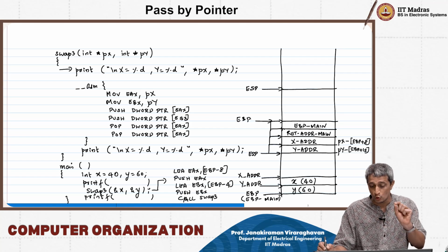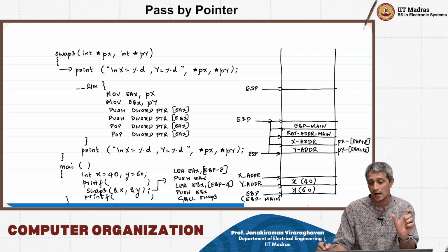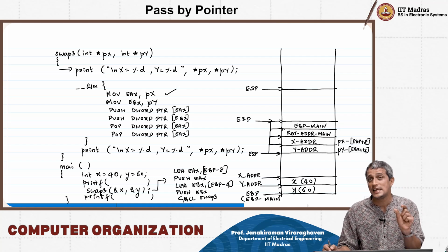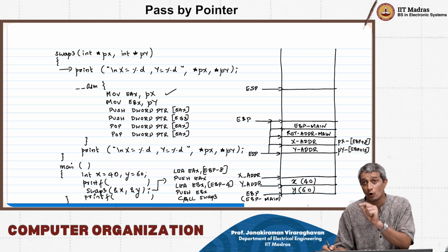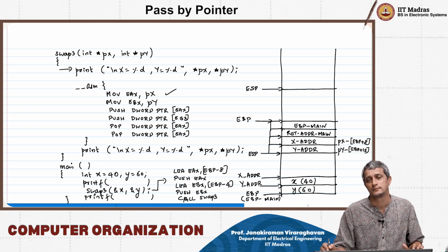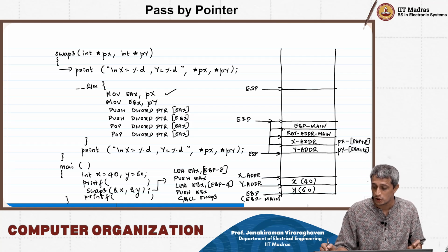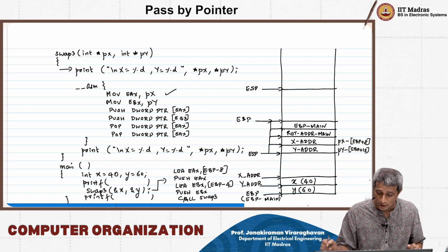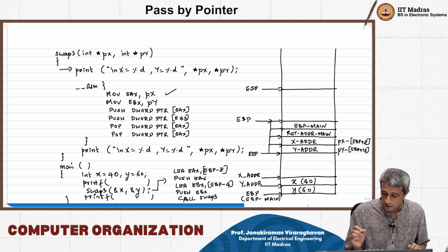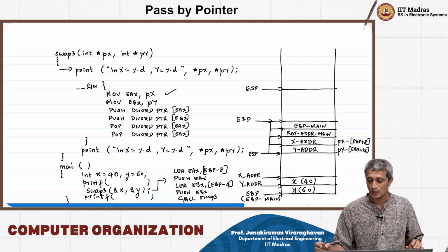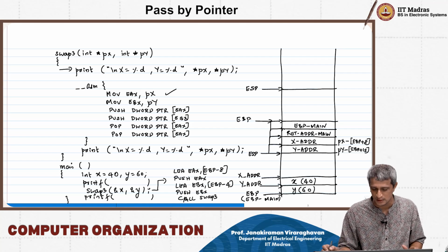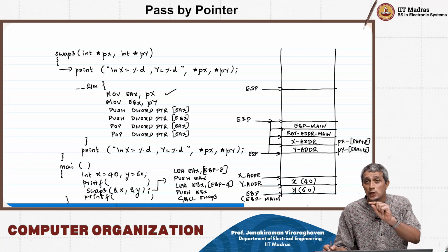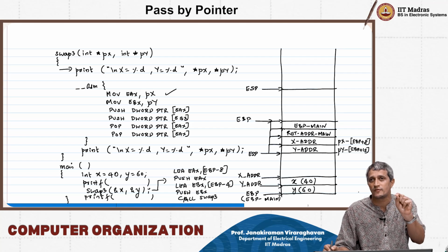So, I am taking that value EBP plus 8 into a register. So, if you look at the register contents after this instruction, EAX will have the address of this local variable Px. Okay. So what you are going to do now is, when you move EAX comma Px, you are moving the value of what is in this variable, right?